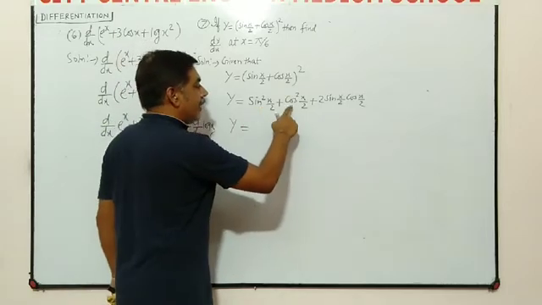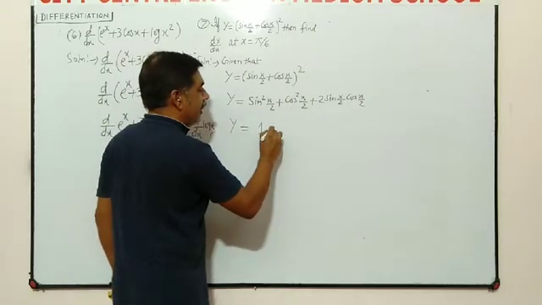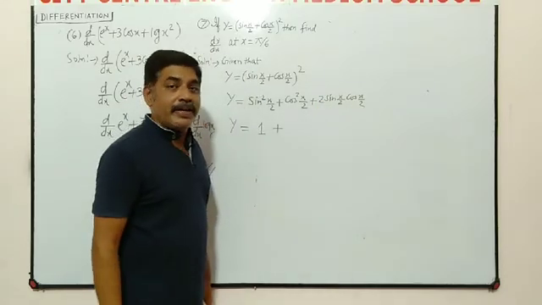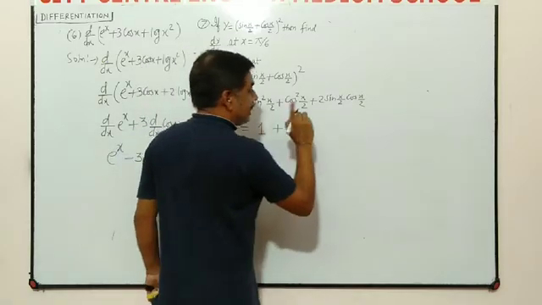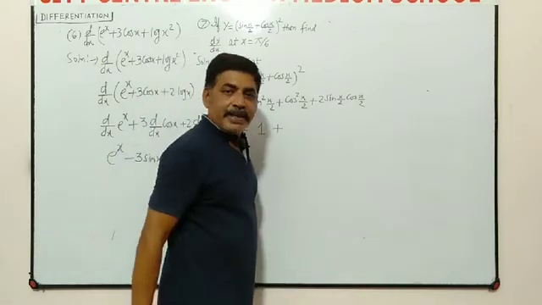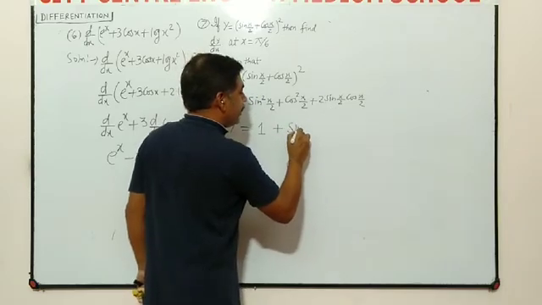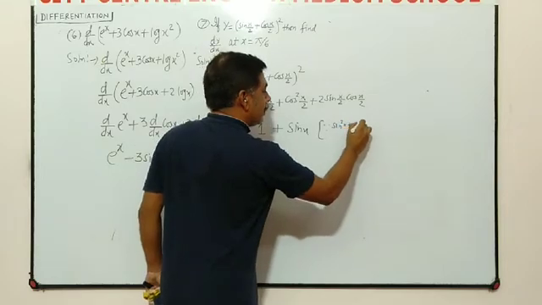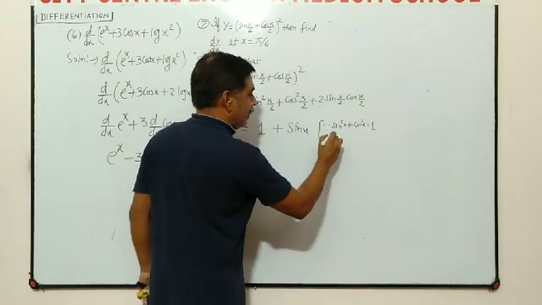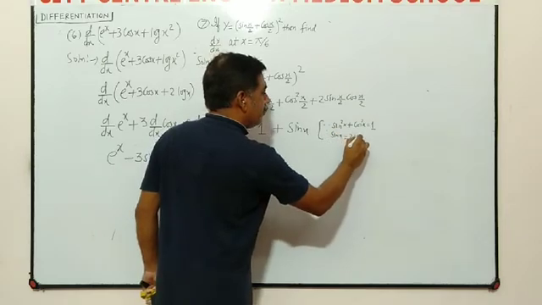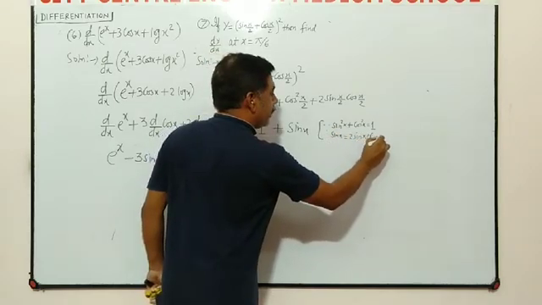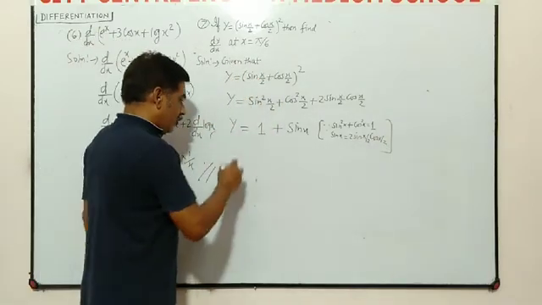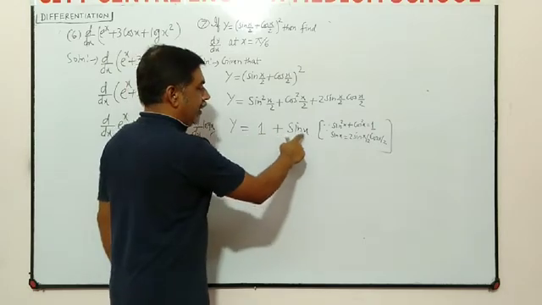So the value of sin square x by 2 plus cos square x by 2 is 1, plus 2 sin x by 2 cos x by 2. Yes, we know the half angle formula, sin x is equal to 2 sin x by 2 cos x by 2. So it is equal to sin x. Clear? So we have y is equal to 1 plus sin x.